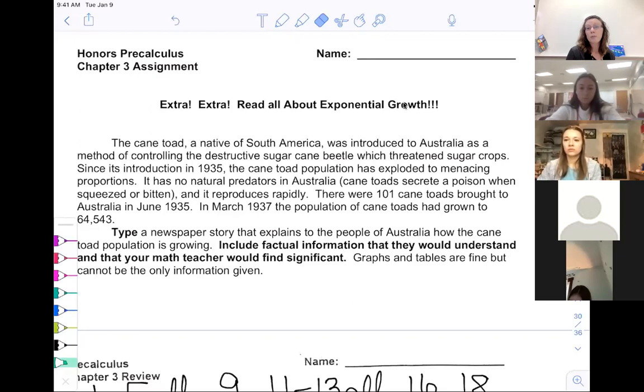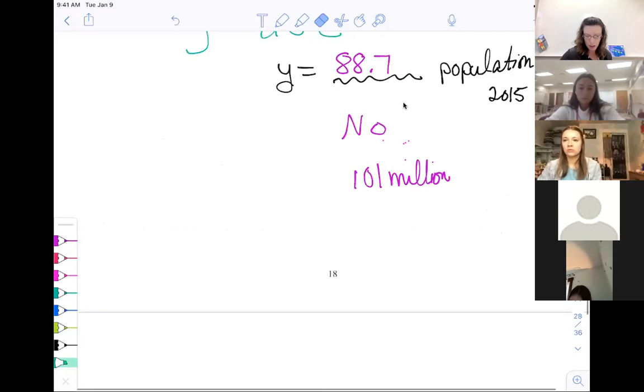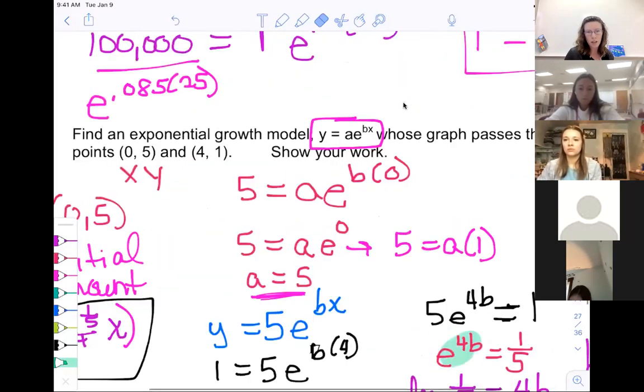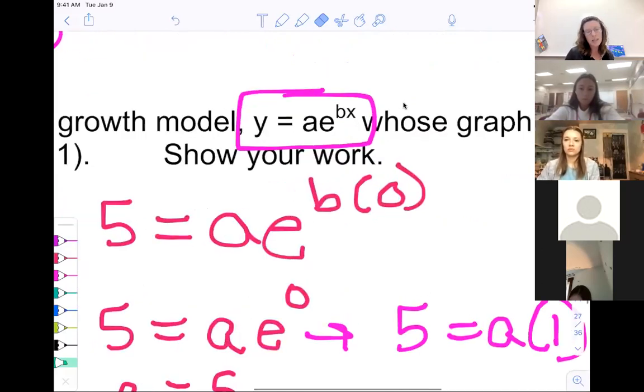So you should be able to plot a couple of points, create a graph, show a table, but you also should have an equation from the equation that we used in section 3.5. So this equation right here, y equals a e to the bx, that's the exponential growth equation that you are going to use. So you would create ordered pairs and come up with an equation to match it.